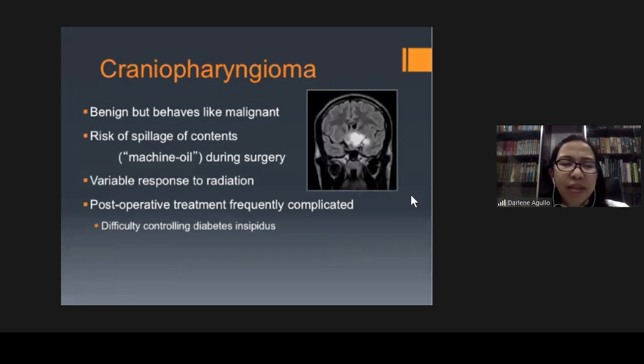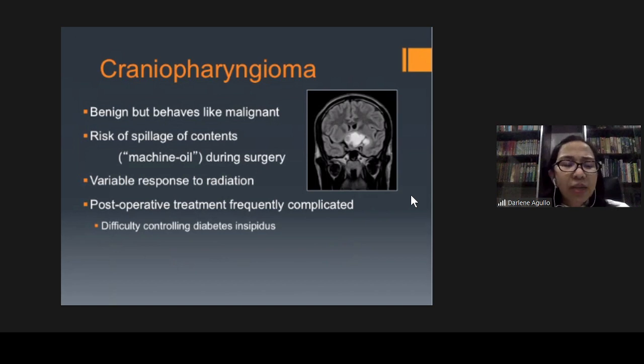And there is risk of spillage of contents for the cystic type. We call it machine oil kasi ang itim-itim. During surgery, creating more problem actually. Kasi nagki-chemical meningitis pag nag-rupture siya or nag-spill.